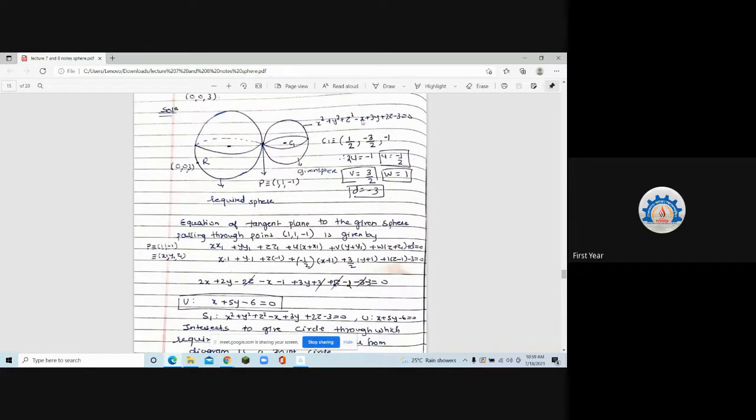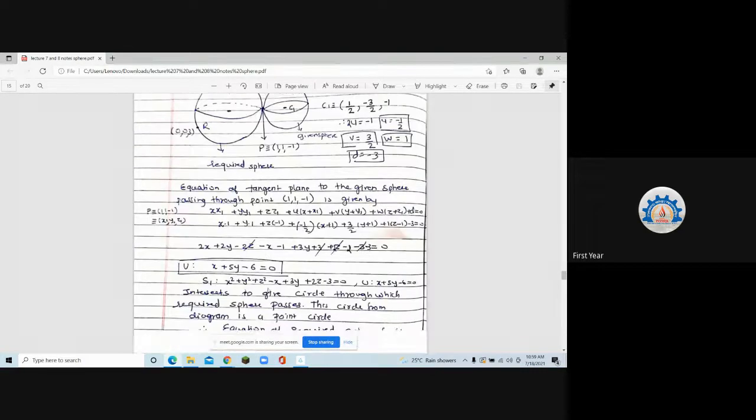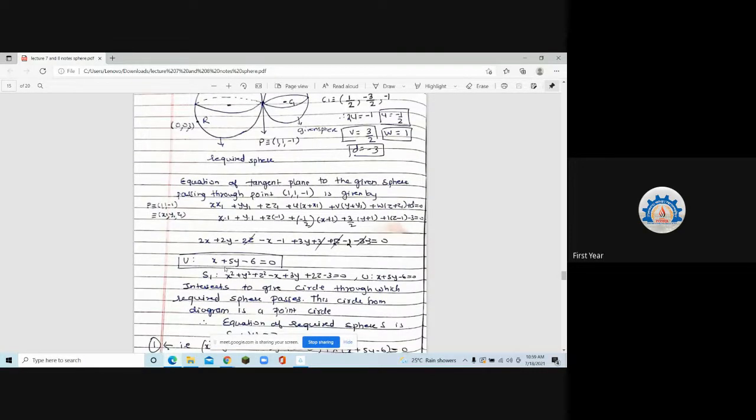It's the UVW of the sphere that I have found here. See, 2u is equal to minus 1, so u is equal to minus half, so minus u is equal to plus half. Then minus 3 by 2 and 2 by minus 2, which is minus 1. That's your minus u, minus v, minus w, and d is the constant. So substitute that, and you will get the plane. So you got the plane x plus 5y minus 6 is equal to 0. Is this clear to everyone?